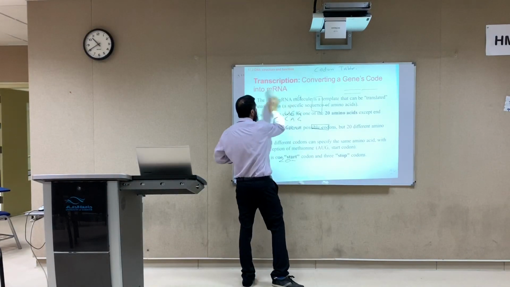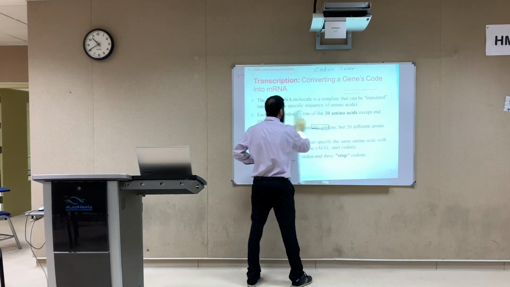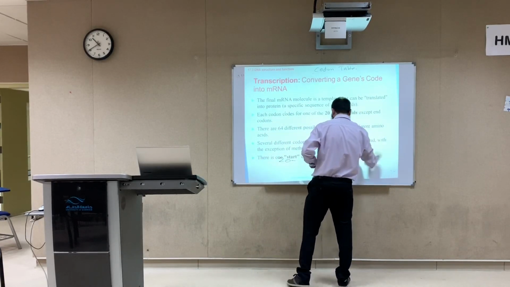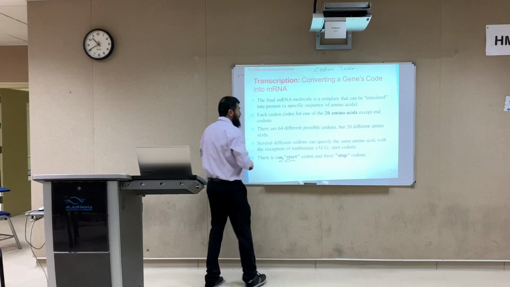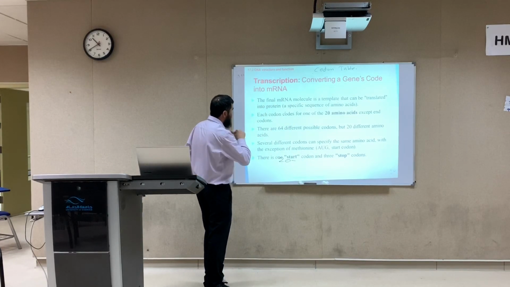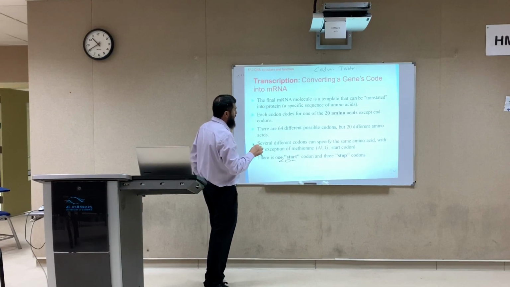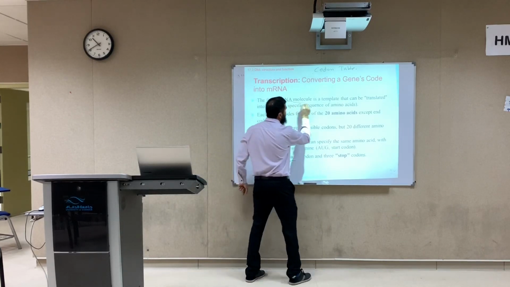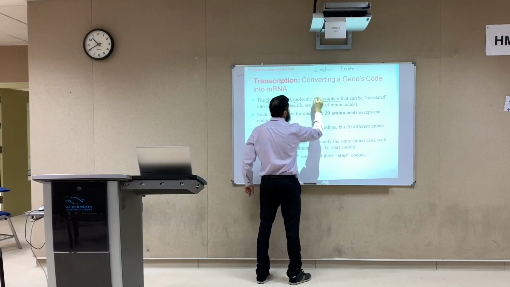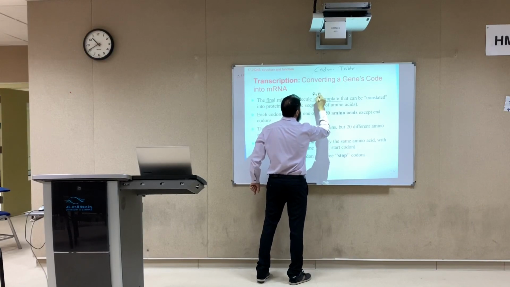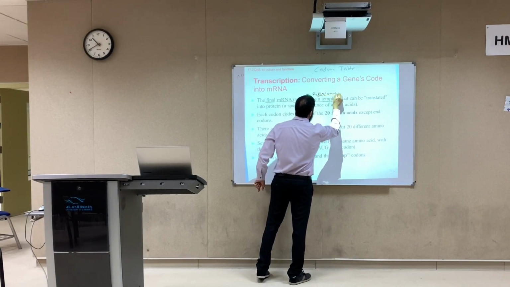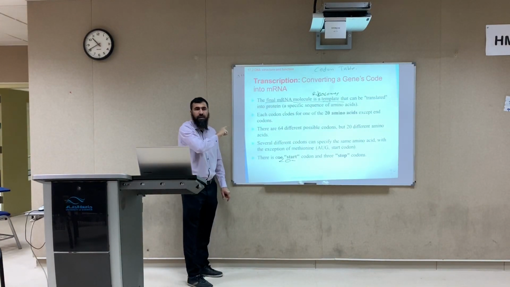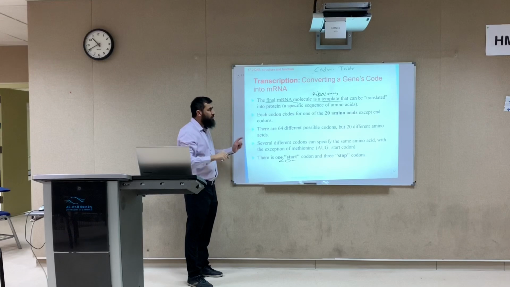So if we have a look at the final transcript that we got, the ribosomes will use this as a template. So the final mRNA transcript that we got here will be a template for ribosomes, and it'll read that.